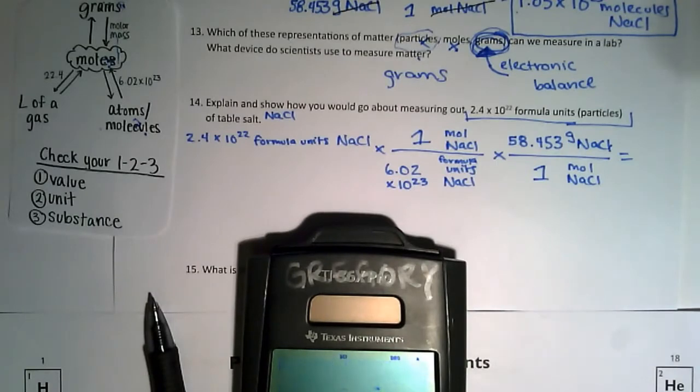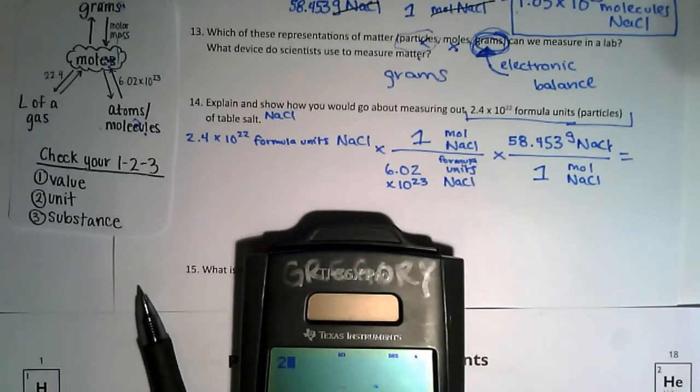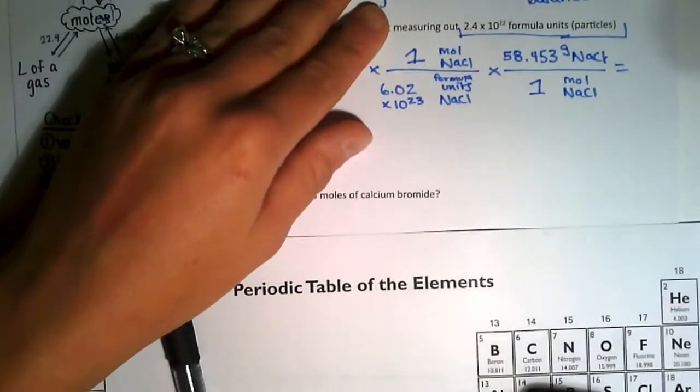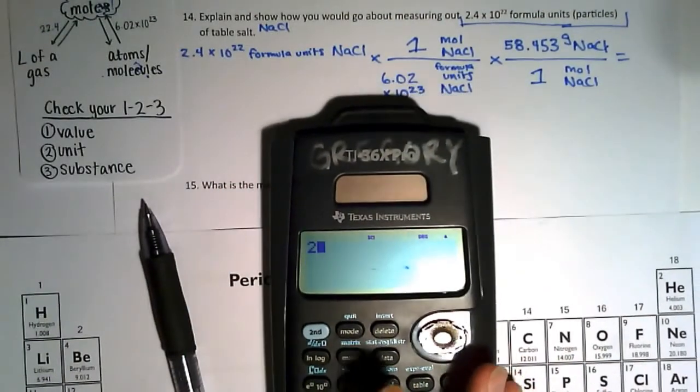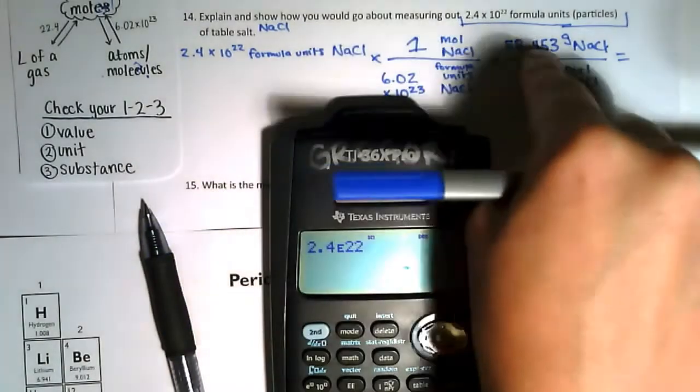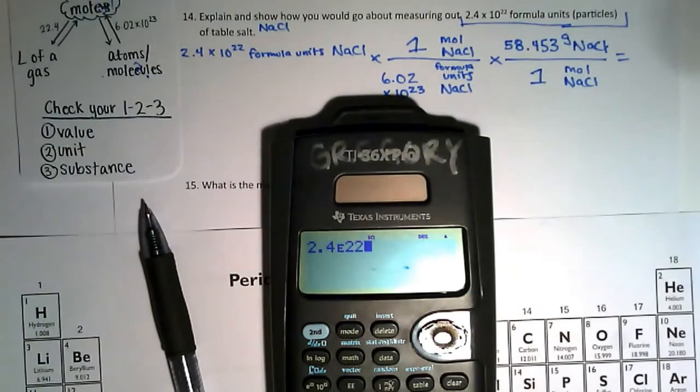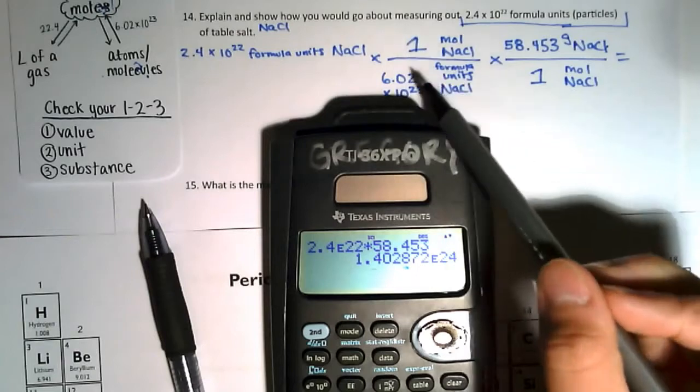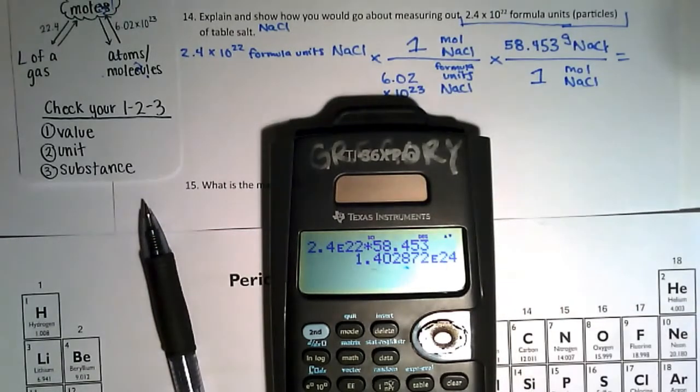We need to multiply and divide. So let's move this up a tiny bit so we can look at our calculator. 2.4 e to the 22nd times 58.453. Enter. And then divided by 6.02 e to the 23rd.